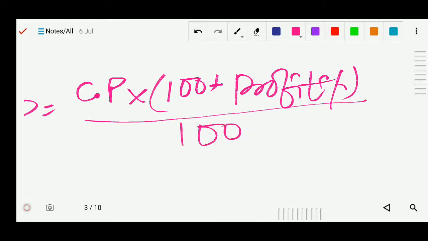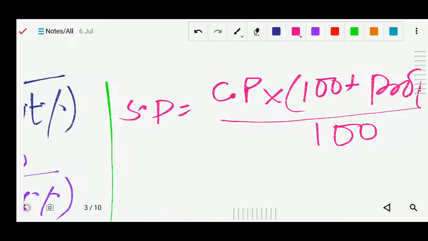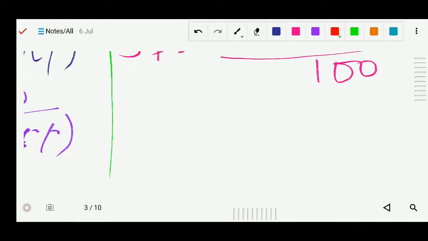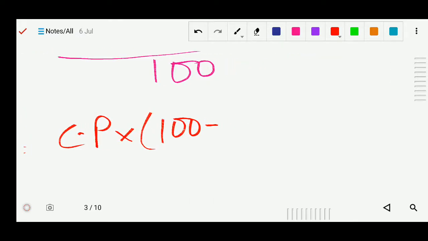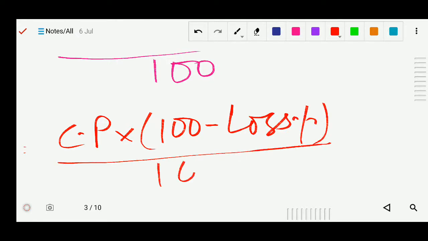This is for the profit. The next formula for the loss also: selling price equals cost price multiplied by 100 minus loss percentage, and divided by 100. Here it will be minus, since loss means minus.